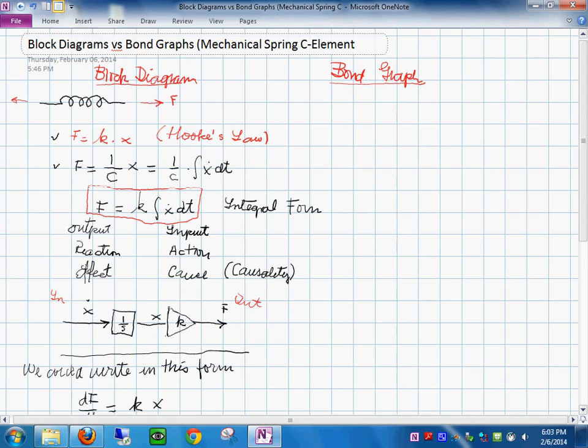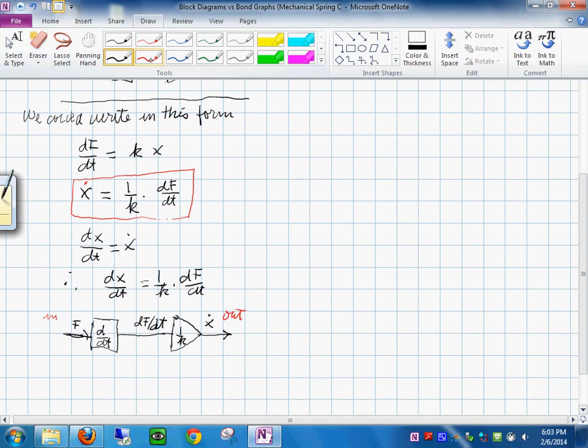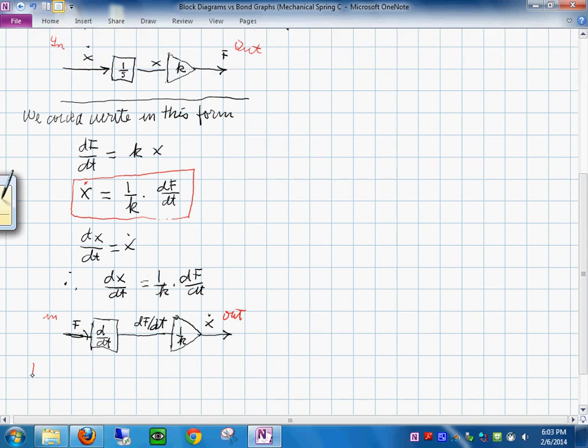Okay? Let's just write that down, because I think it would be nice if you have that in your notes as well. I'm just going to put it in here. I say, okay, block diagrams are graphical representations of equations.